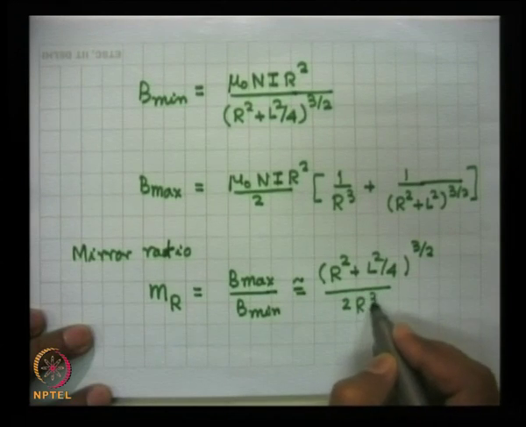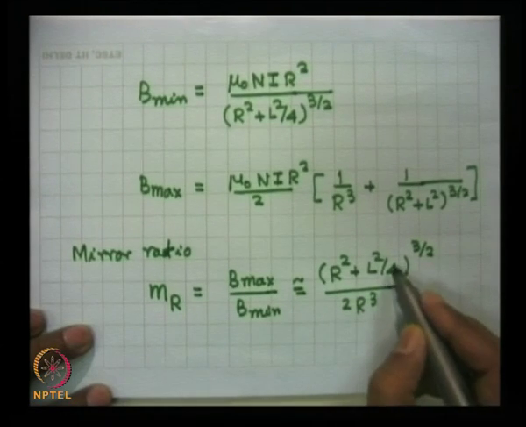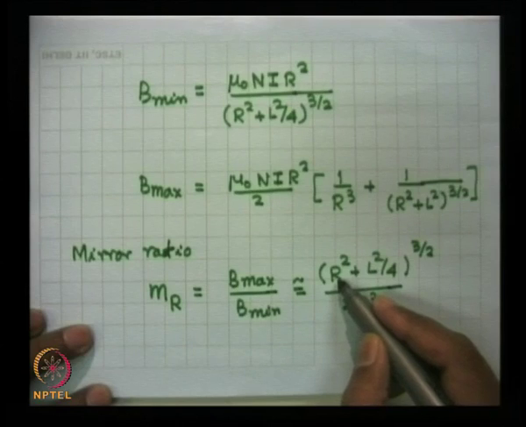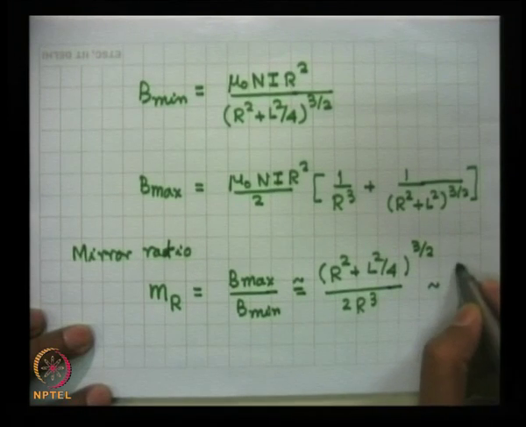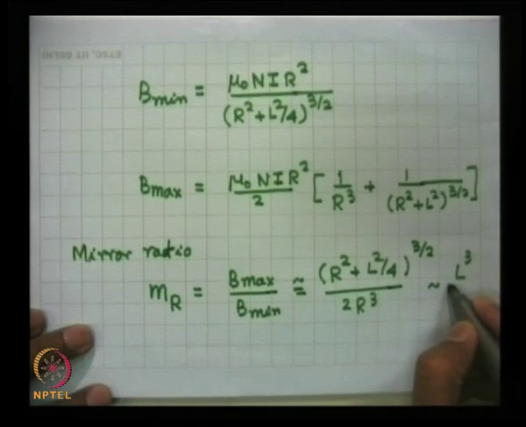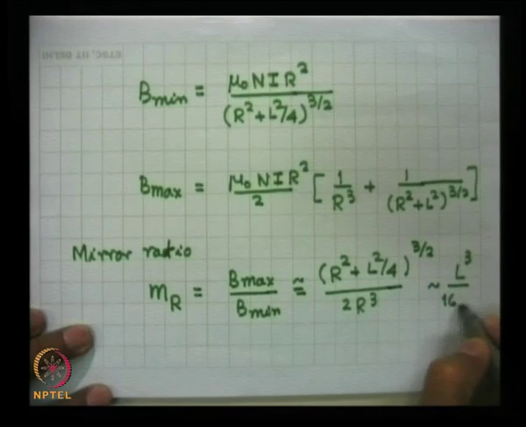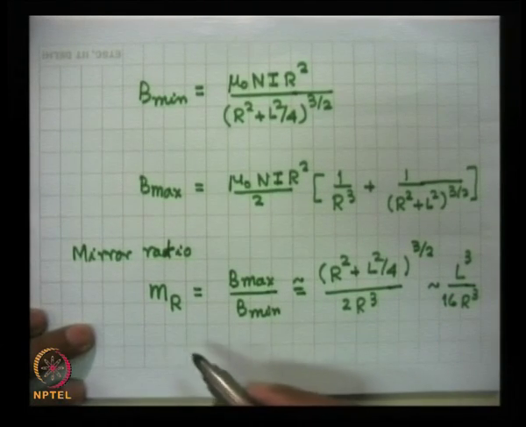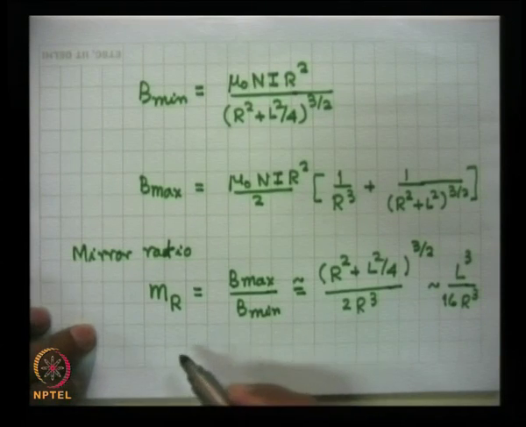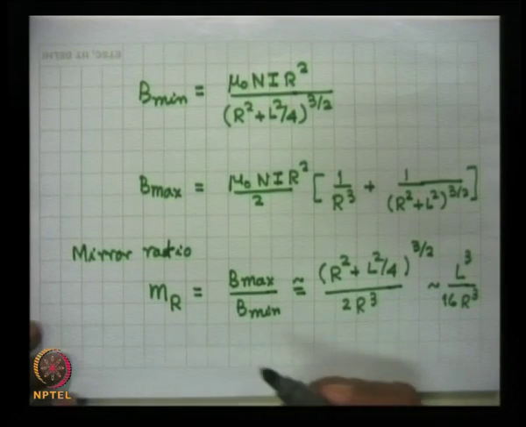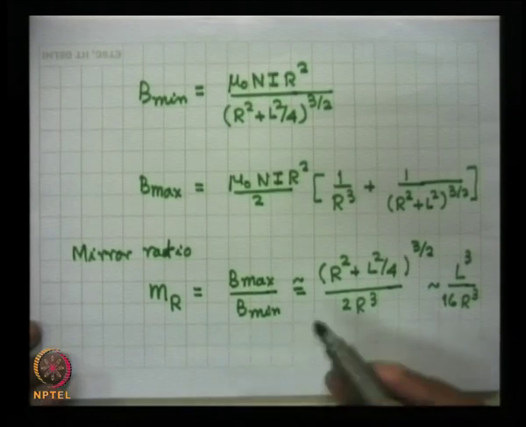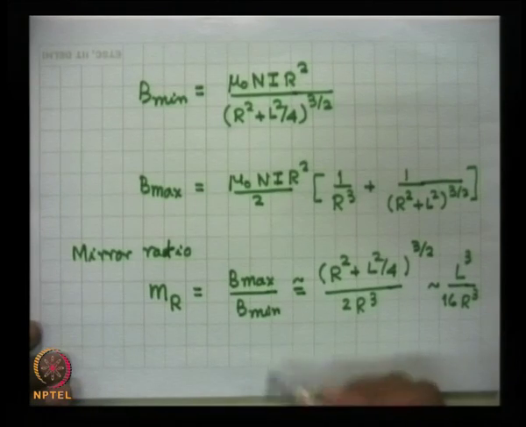If I take this to be substantially bigger than r square, then this is really like L cube, the length of the machine, divided by 16 r cube. One can achieve on long mirrors MR maybe 2, 3, 4, 5, even 8.